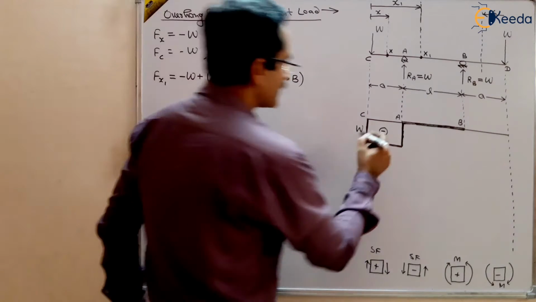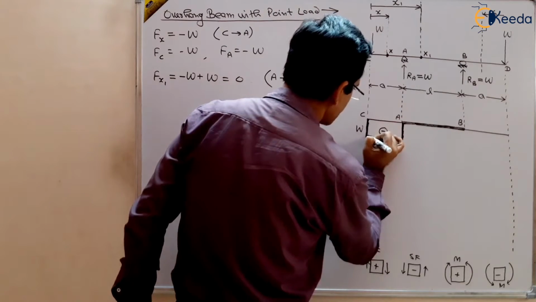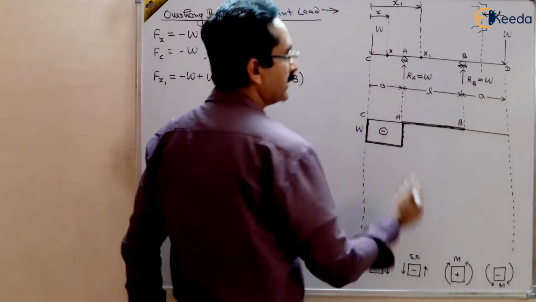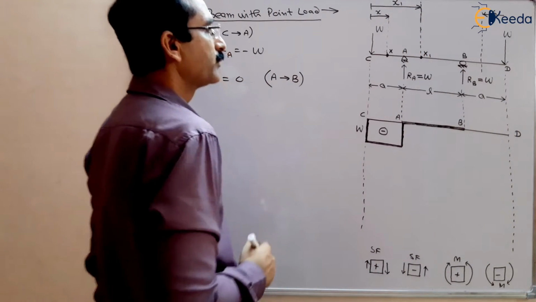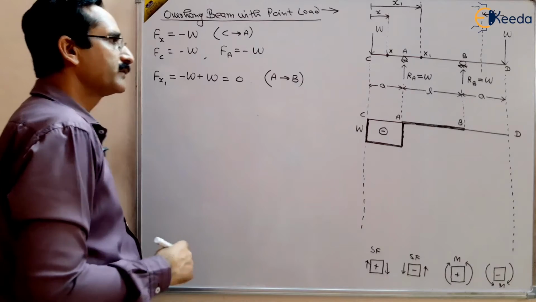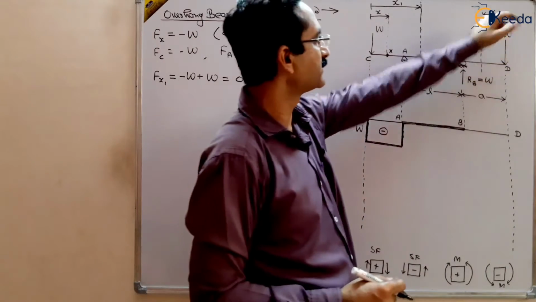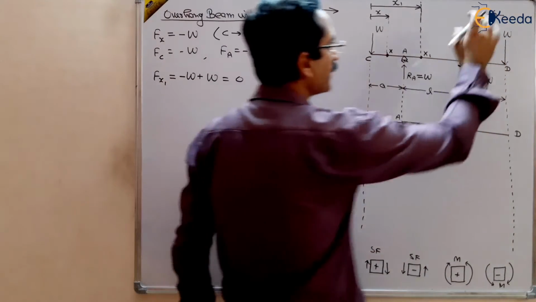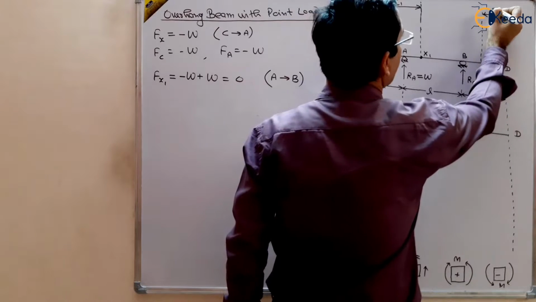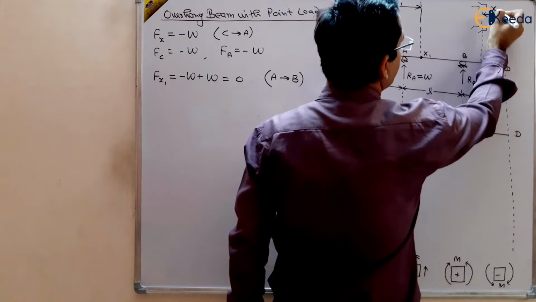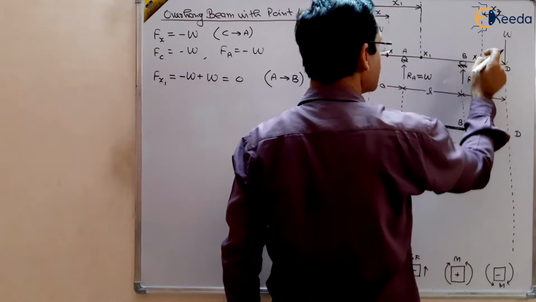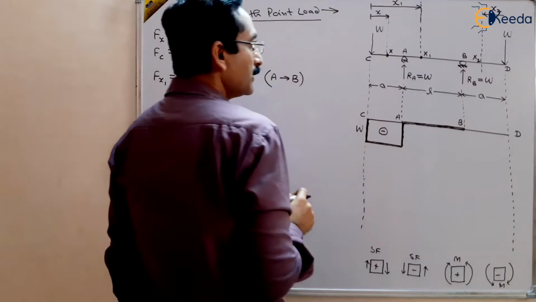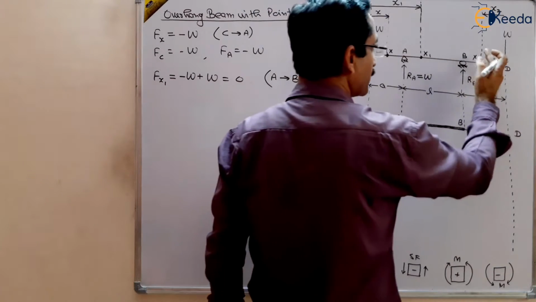Now between B to D, this is our D point, what will be the shear force between B to D? For that, we have taken another cross section, suppose X2, at a distance X2, and find out the shear force to the right of this section.